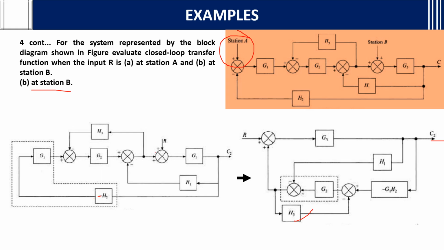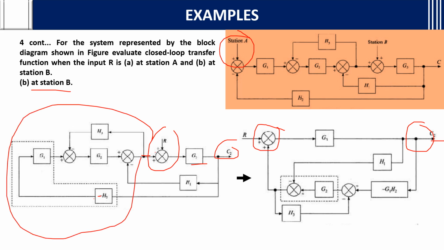Please understand here. I will repeat once again. This is input and this is output. So this input and this output are kept as they are. This G3 is also kept as it is. The remaining part, what is there? They have taken it down.